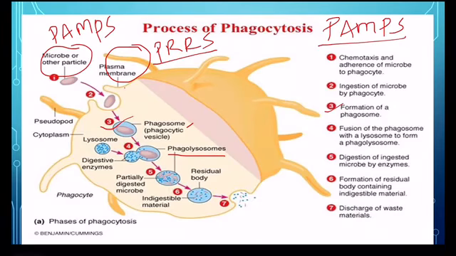Here in this phagolysosome, antigens or these foreign particles are digested or fragmented, because they contain antimicrobial agents. Those antimicrobial agents may be proteins or peptides, such as defensins and cathelicidins.